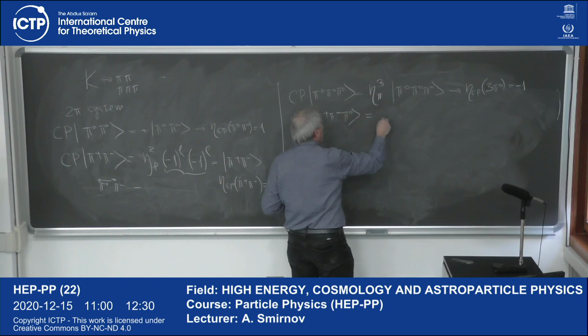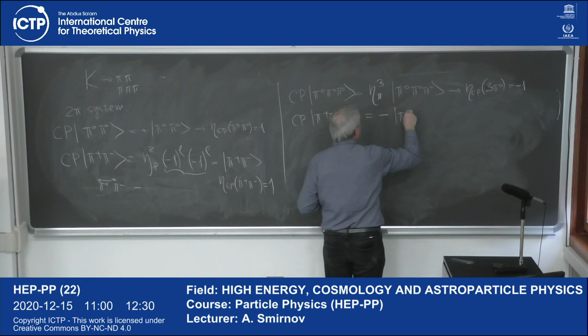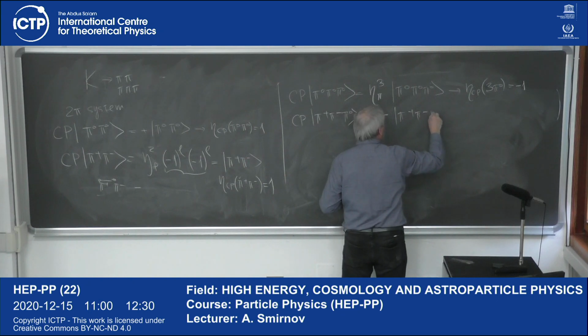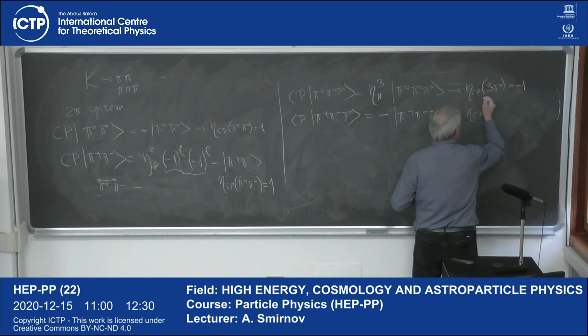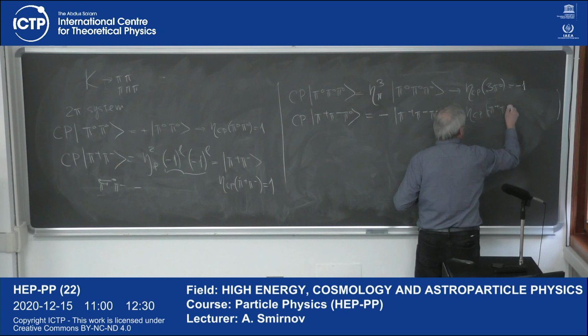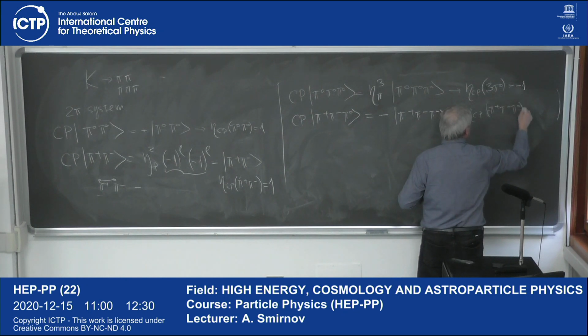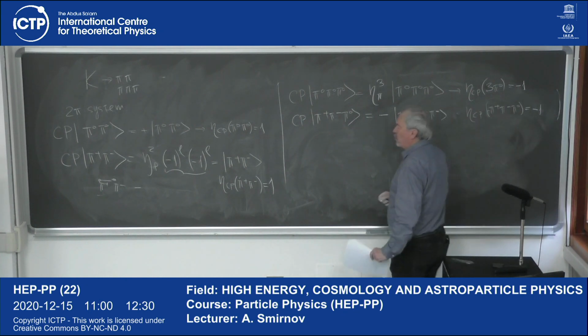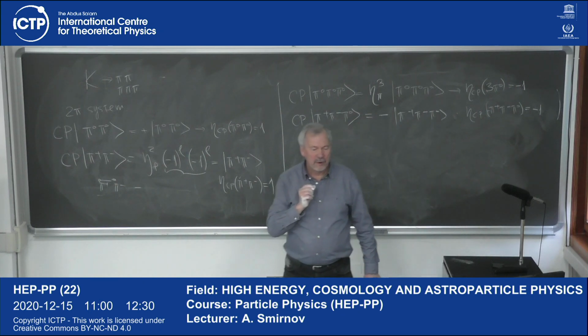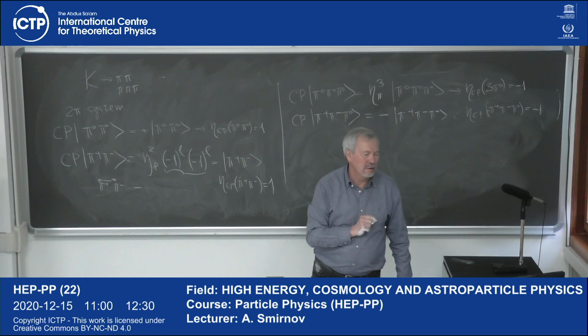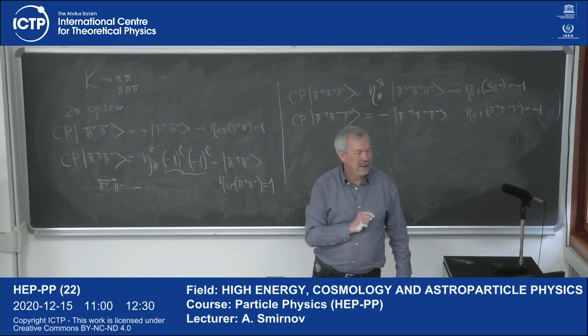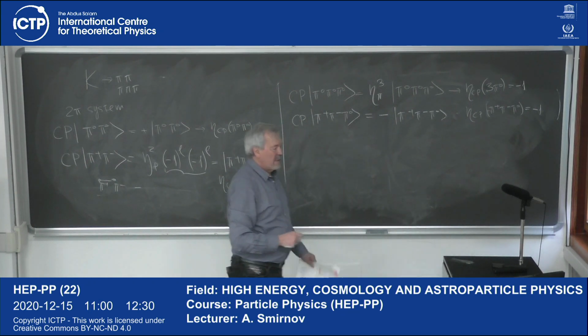Therefore, what we get here is minus pi plus, pi minus, pi 0. Therefore, CP of this system will again be minus 1. So bottom line, the system of 2 pions, independently of charge, which originate from K0, has CP parity plus 1. 3 pions have CP parity minus 1.